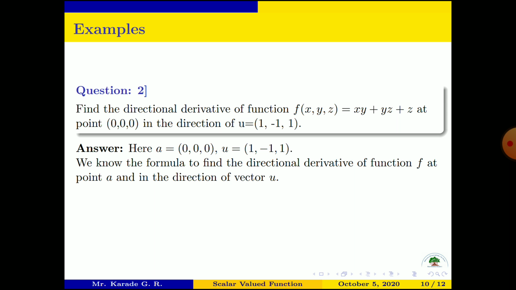So what is that formula? That formula is du f of A is equal to limit t tends to 0 f of a plus ut minus f of a divided by t. This is the formula to find the directional derivative of function f at point A in the direction of u.